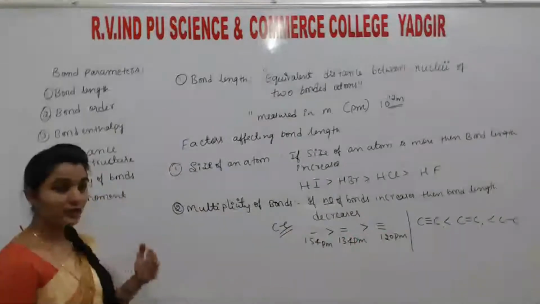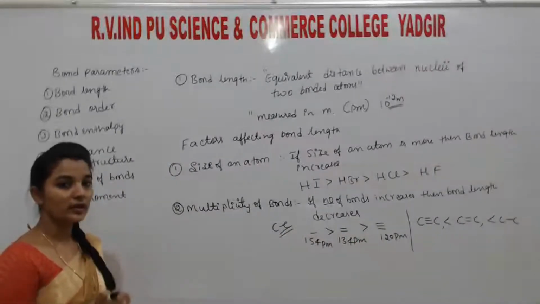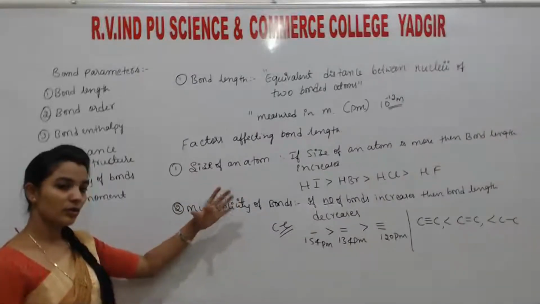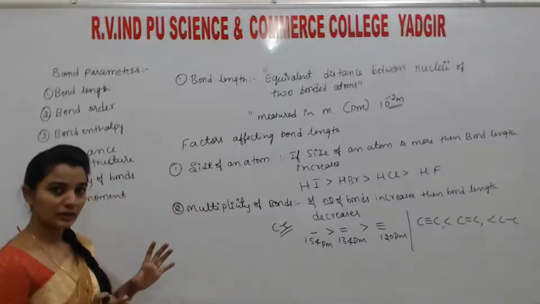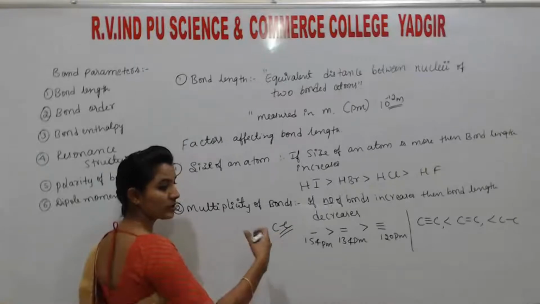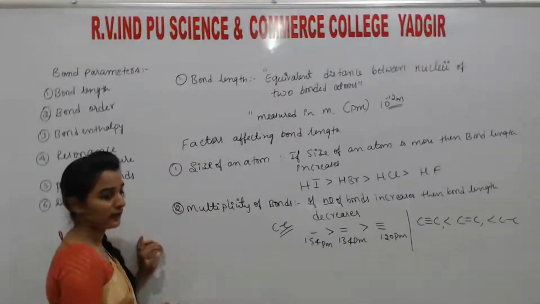This is the pattern. Means if the number of bonds increases, the bond length decreases. If the bond length is more, number of bonds is less, like that. Understand? Bond order is more. This is what bond order. Multiplicity means number of bonds increases, the bond length decreases. Okay.